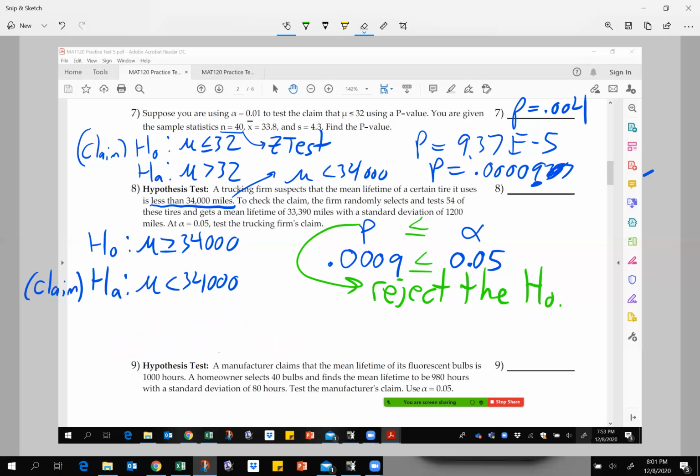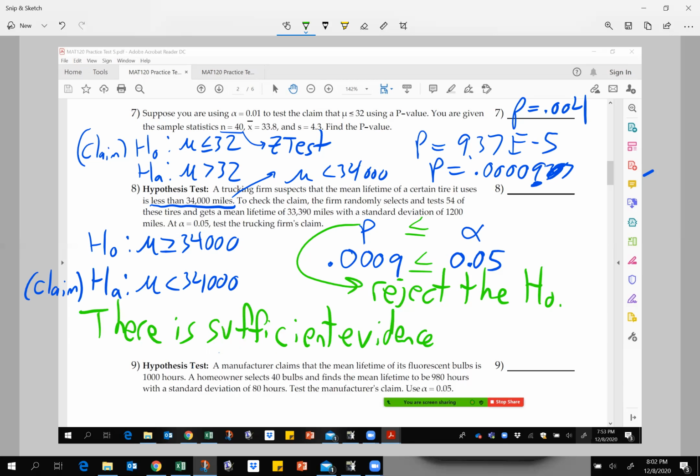Because we rejected the null, the first part of the sentence is going to go as, there is sufficient evidence to. And now the second half of our sentence depends upon which hypothesis is the claim. Anytime the claim is the alternative, the second half of the sentence goes to support the claim.